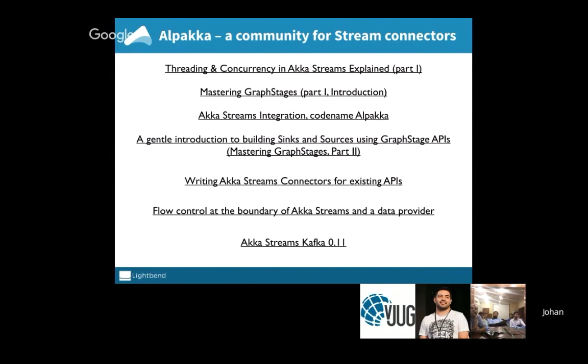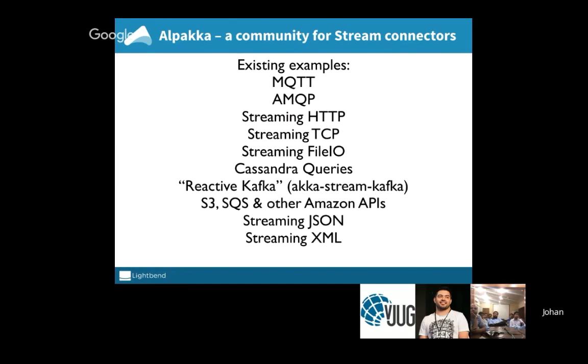I can really recommend you to look into those if you're interested in this. And there already is a bunch of connectors, so you can connect to MQTT, AMQP, streaming HTTP, TCP, files, Cassandra queries, Kafka, S3, yeah, a bunch of things that you can connect.